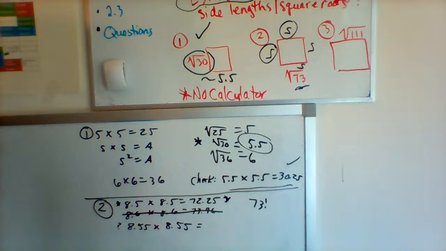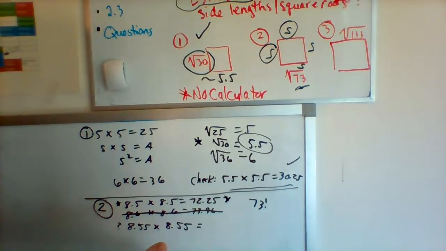I even remember it has to be the same number because we're dealing with squares. And squares are squares because their side lengths are the same. What do we get if we do 8.55 times 8.55?